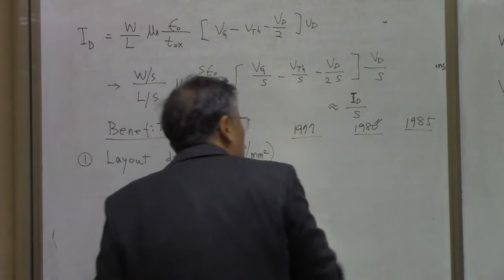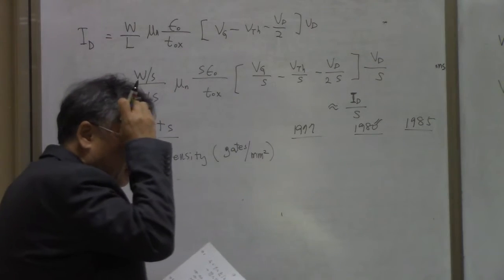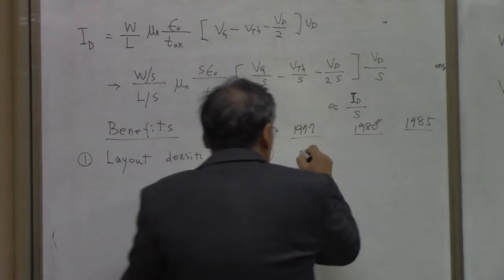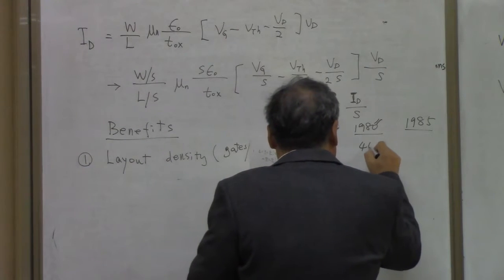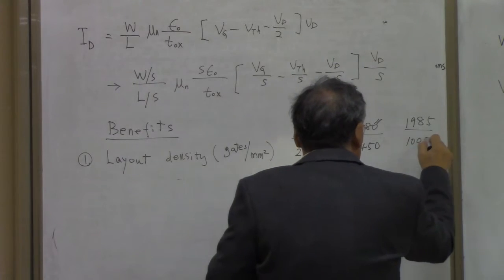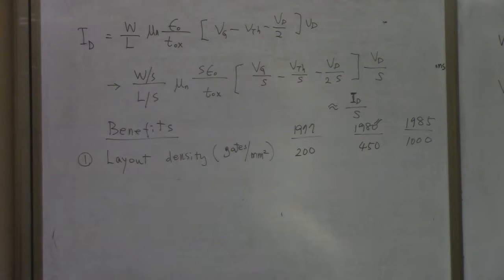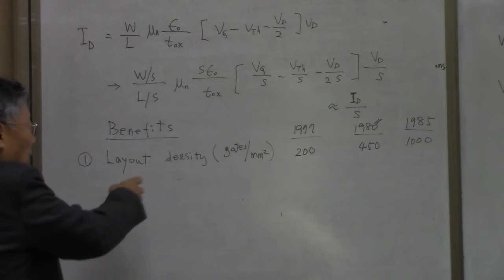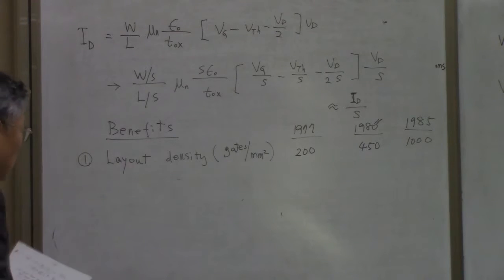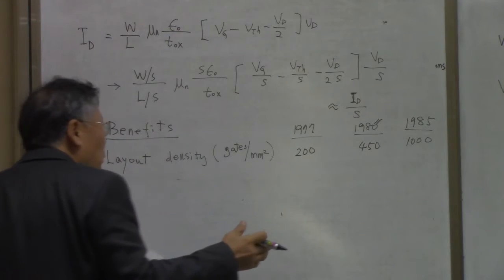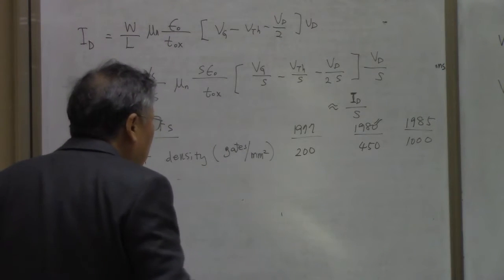So this class note was made a long time ago. Now it's 2016, so these values are pretty much different. Of course, you cannot extrapolate these numbers linearly, but I think we have a tremendous increase in layout densities these days. Anyway, I just give you the idea of what kind of benefits we can have by scaling down the device.